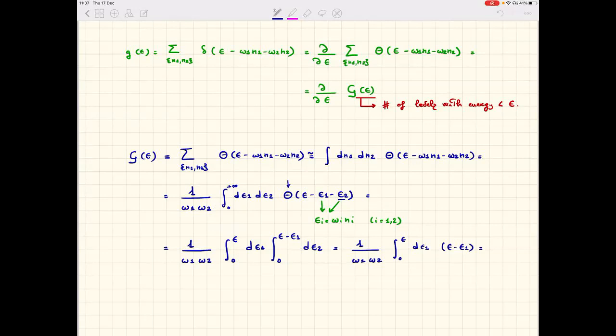So epsilon 2 can vary between 0 and epsilon minus epsilon 1. Now epsilon minus epsilon 1 has to be positive, right? Otherwise, all I'm writing doesn't make any sense. And therefore, epsilon 1 can vary between 0 and epsilon.